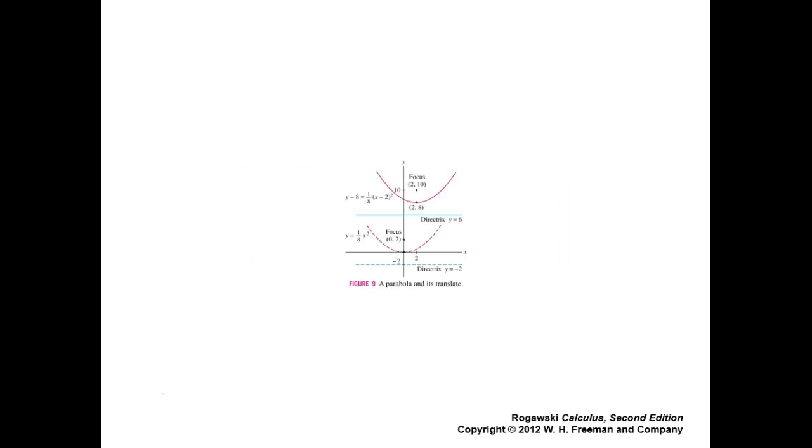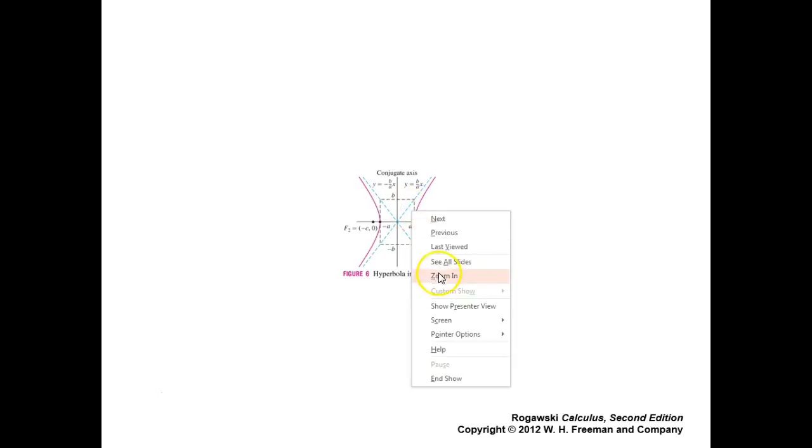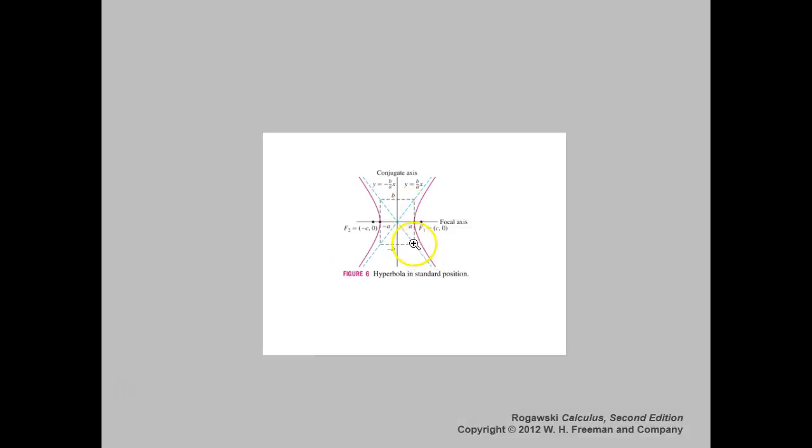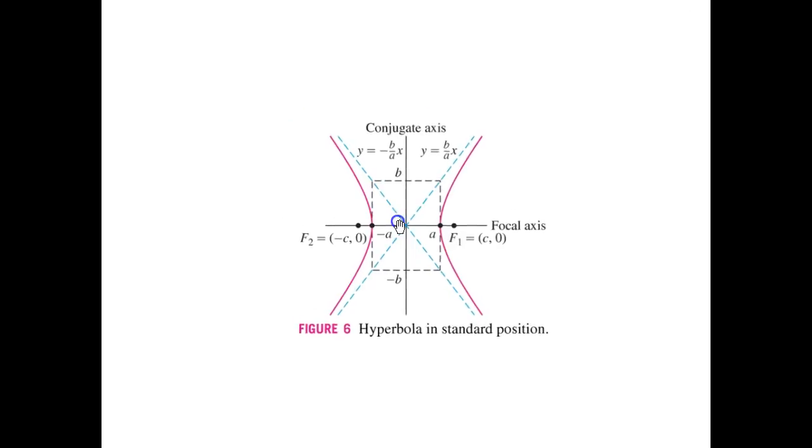Let's go back to the hyperbola. I failed to mention this to you. I think I did. Wrong picture. I should have pointed this out. I think I flew by this too fast. This was our c, just like before.